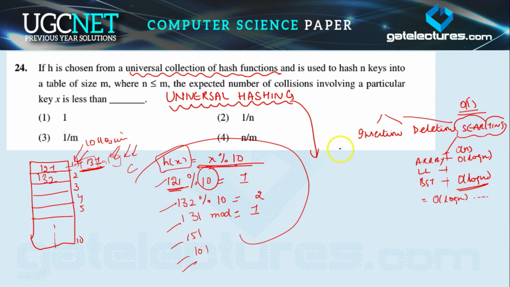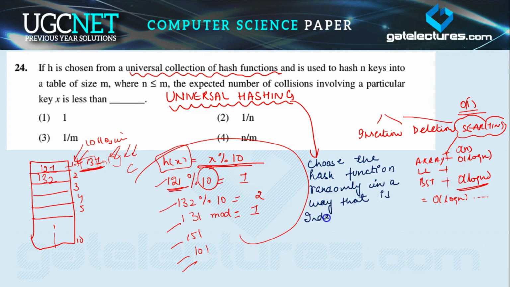In universal hashing, we choose the hash function randomly in a way that is independent of the keys that are actually going to be stored.